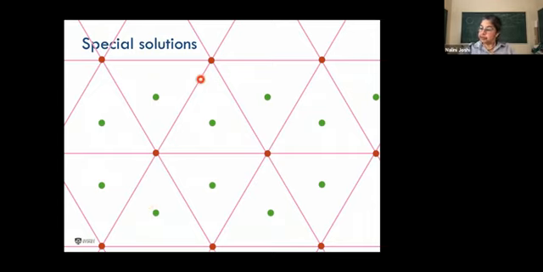While there are hypergeometric type solutions on the edges of the triangular lattice. Okay. So in the case of Painlevé 4, these so-called hypergeometric type solutions are actually given by Whittaker or parabolic cylinder type functions. Okay.